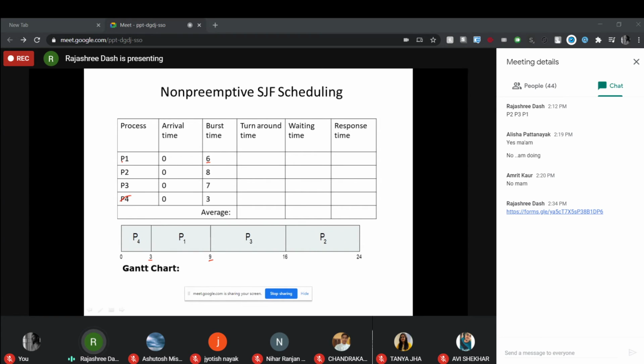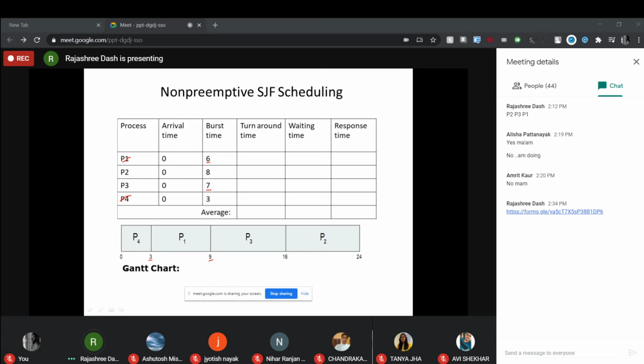Now P1 is completed. Now there are only 2 processes in the ready queue, one is P2, another is P3. So which is the next one to be allocated to the CPU? After P4, P1, what is the next process? P3. Out of P2 and P3, P2 has the burst time 8, P3 has the burst time 7.